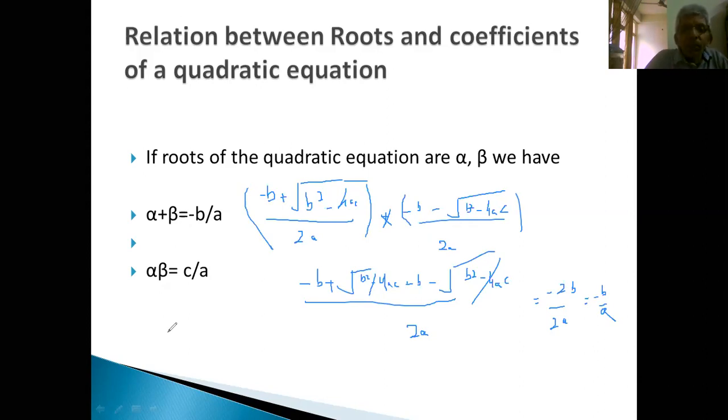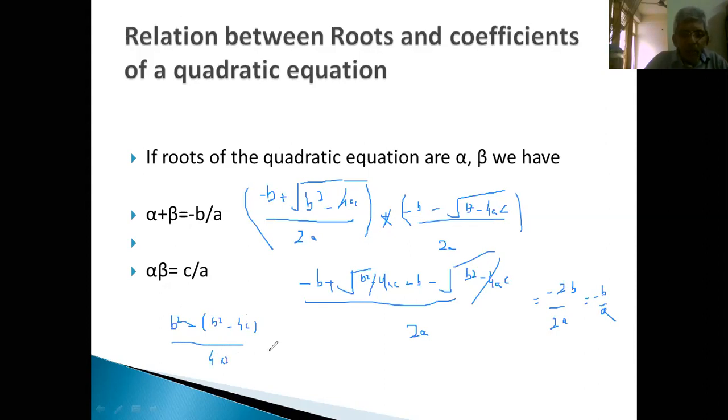So what I get here is b square minus, within bracket, b square minus 4ac, divided by 4a square. This is in case of multiplication.